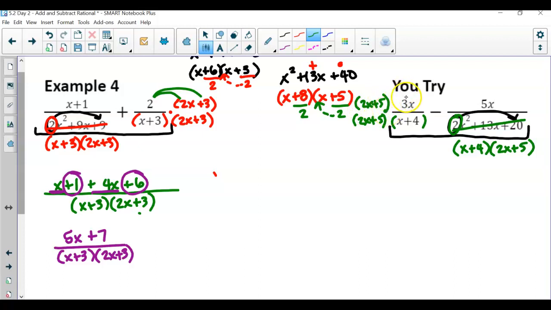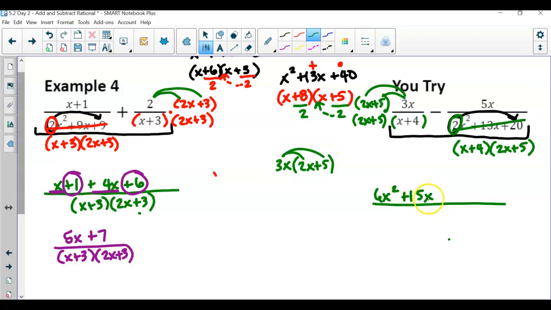So that means we need to distribute 3x to this expression here. 3x times 2x plus 5. So here in that numerator now, 3x times 2x is now 6x squared. 3x times 5, 15x. Then minus, well, it's just the one term here because we already have our binomial here that we needed.